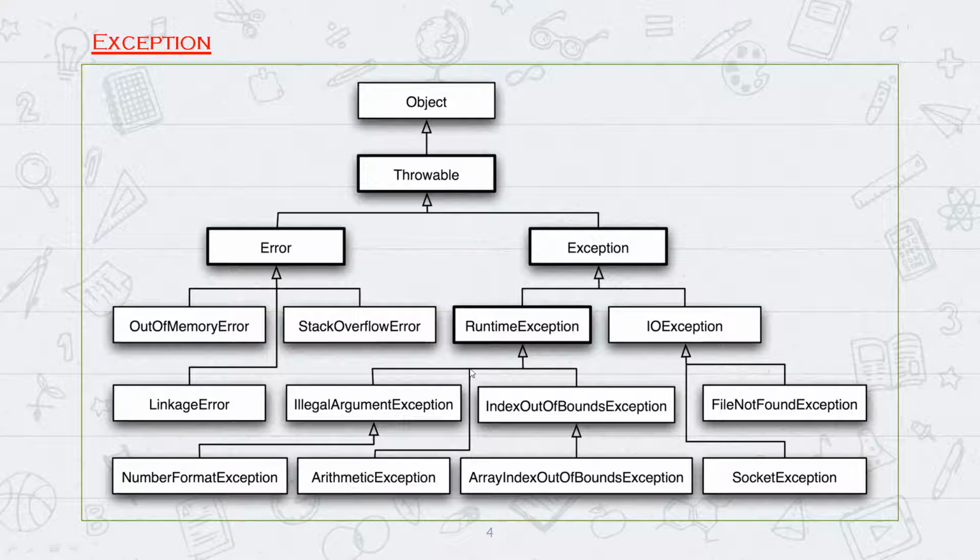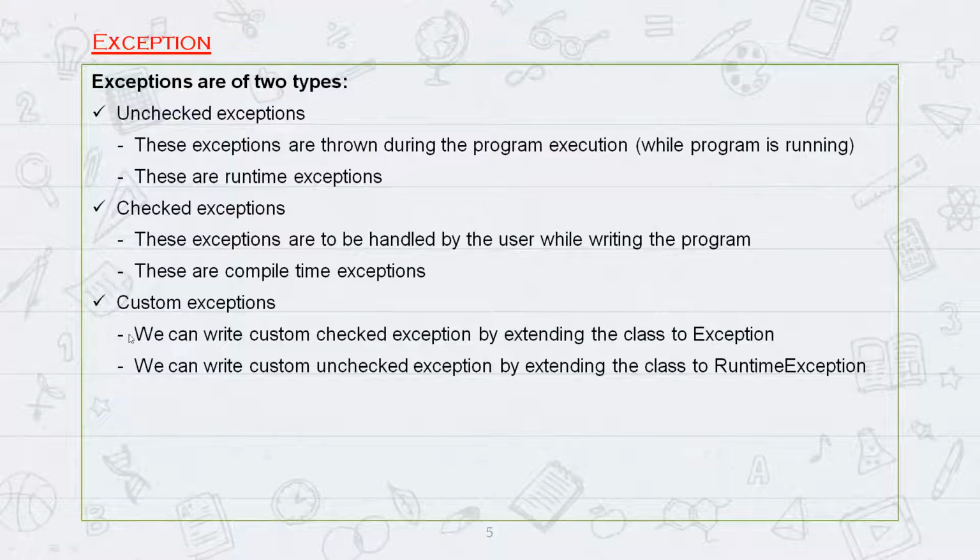Suppose I want my own exception to be written, then I will use custom exceptions. For custom exceptions, we just write a class, an exception kind of class, and then we extend Exception.